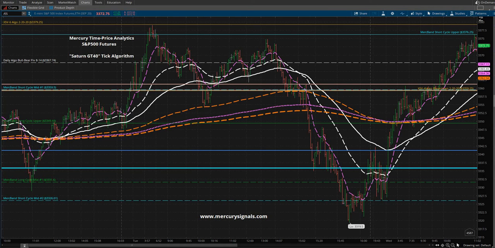But now you've got a veritable arms race amongst the institutions with their various algorithms, because it's no longer about taking money from individual traders. They were able to do that a long time ago. Now it's about taking money from other institutional algorithms, being smarter, being faster, being craftier.